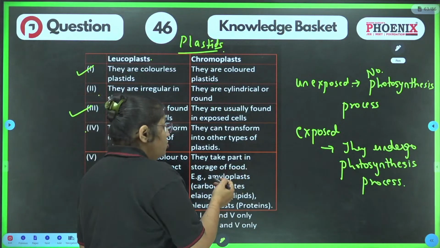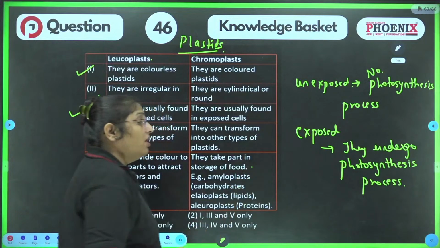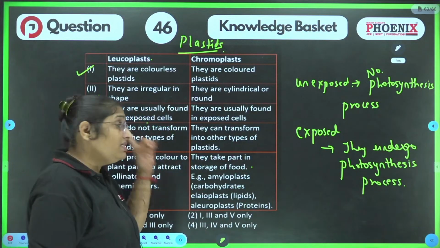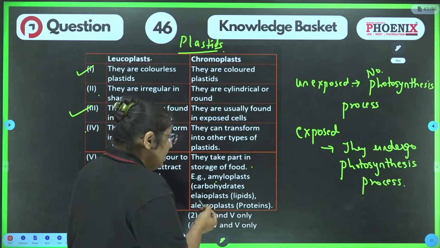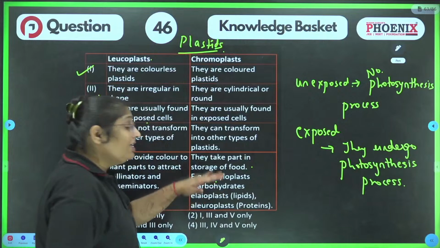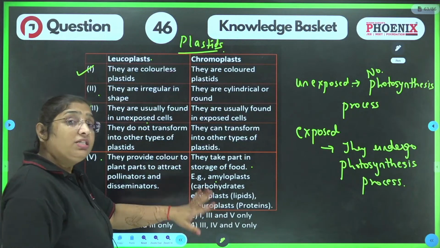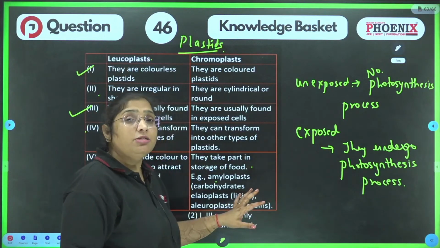They take part in storage of food. No, this function is of leucoplast, because leucoplast has the function of storage of food. Amyloplast, elaioplast and aleuroplast are the different types of leucoplast. According to their function, the name has been given.